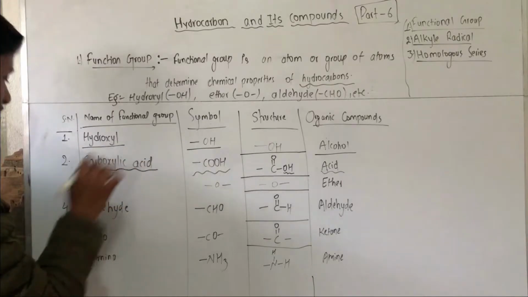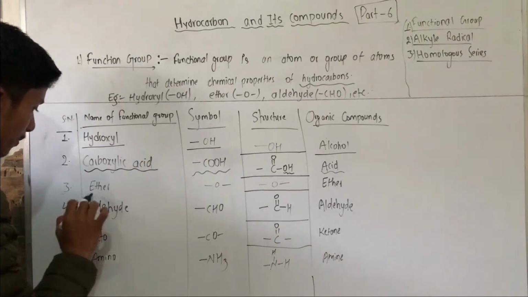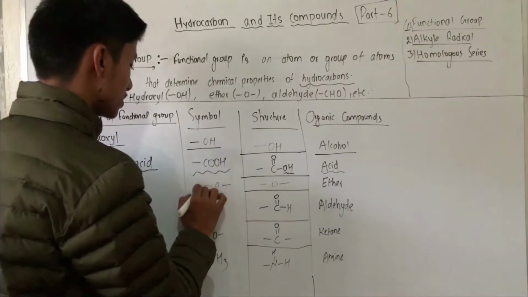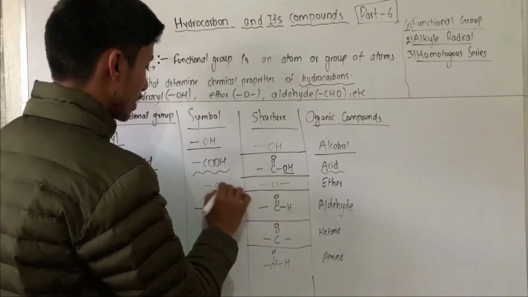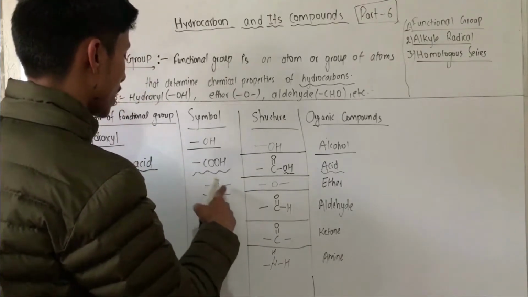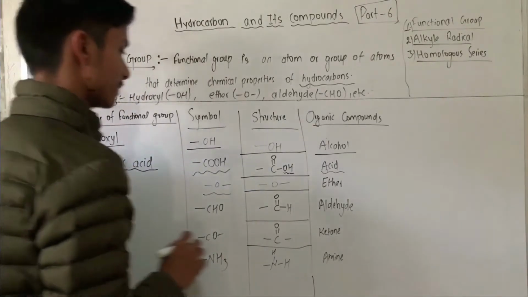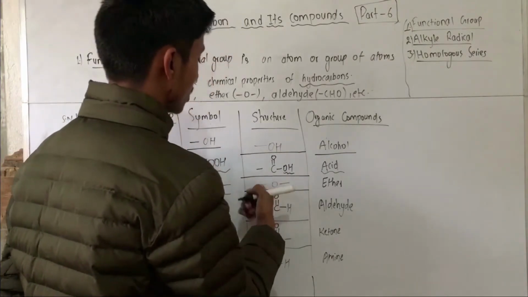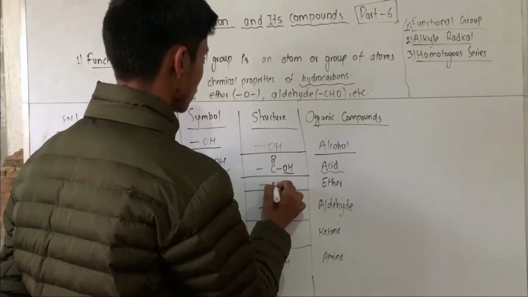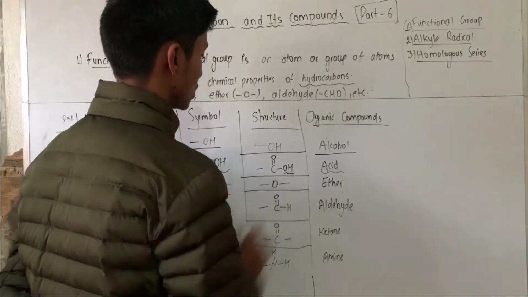Okay, and in third number, ether, and its symbol is single bond O single bond. Its structure is like this: this is single bond, and in between that O is there, oxygen.